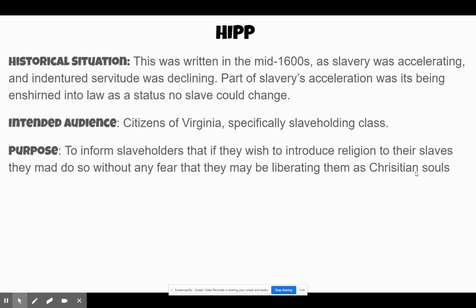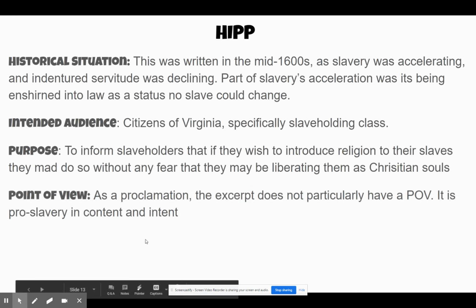So again, it's to ease the minds of slave owners and to push Christianity on their slaves without consequences of the slaves asking for freedom or being seen as equal. There's a shift in how laws are being made here to adhere to the slave culture that's being born in the South.